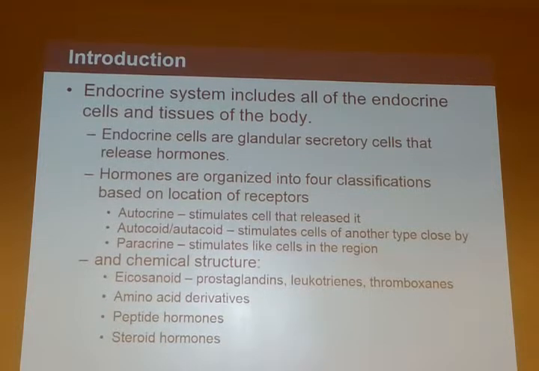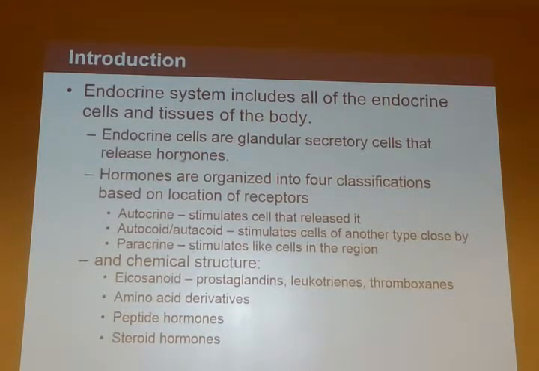Although strict terminology says a hormone must go into the blood supply, there are also peptides and chemicals made of amino acids that just go to neighboring cells, or the cell that releases it is then stimulated by it.